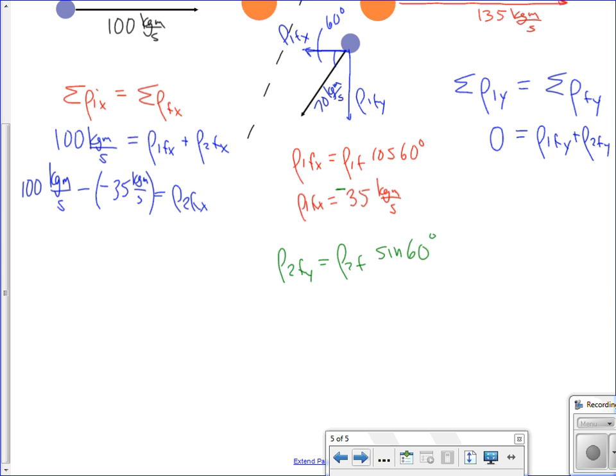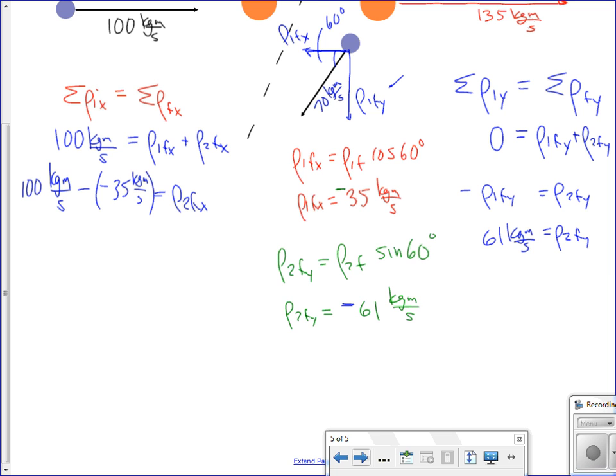I don't know what the sine of 60 is, but my calculator does. If I do 70 sine 60, I get 61. But notice it's 61 downward here, so I'm going to call that negative. And this says that P2 final y is negative P1 final y, or negative negative 61, or 61, of course.